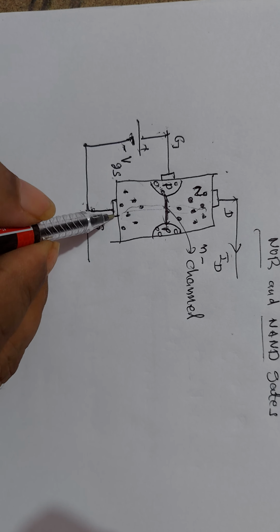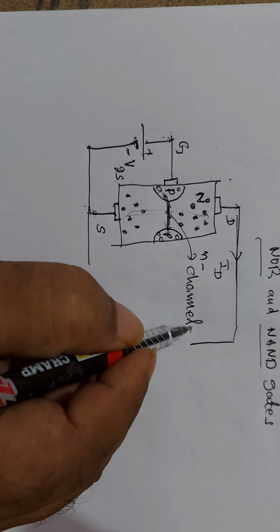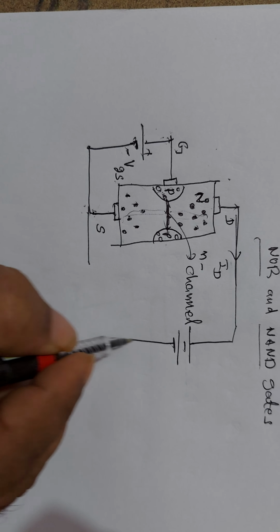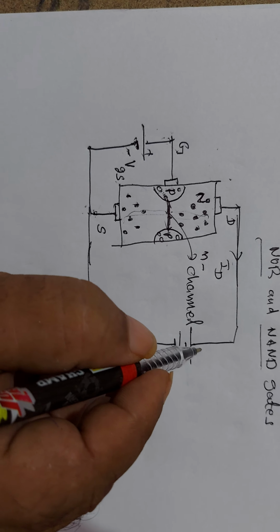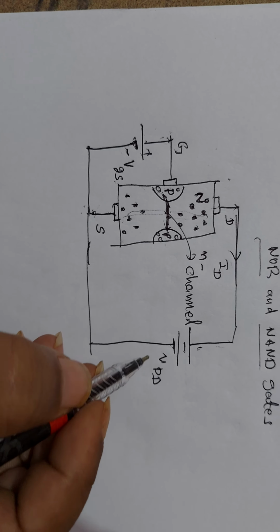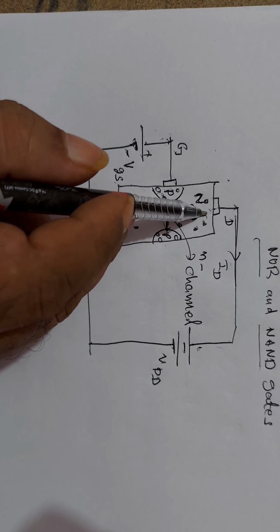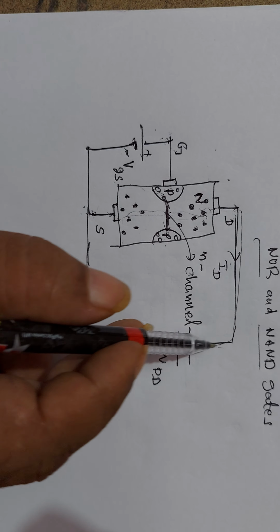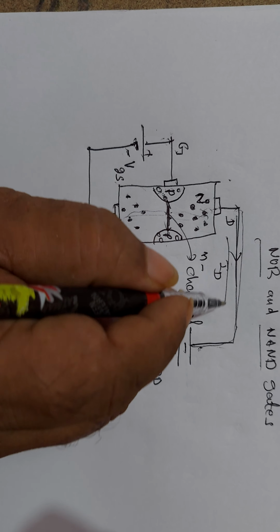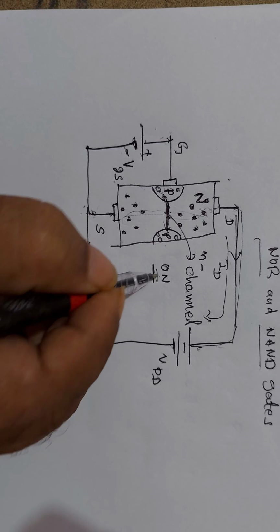The electrons flowing from here to here are dragged by another battery applied to the drain, which I will call VDD. The electrons carrying negative charge flow from source to drain and are attracted by the positive terminal. Thus drain current flows in this circuit, and we say that the transistor is on.